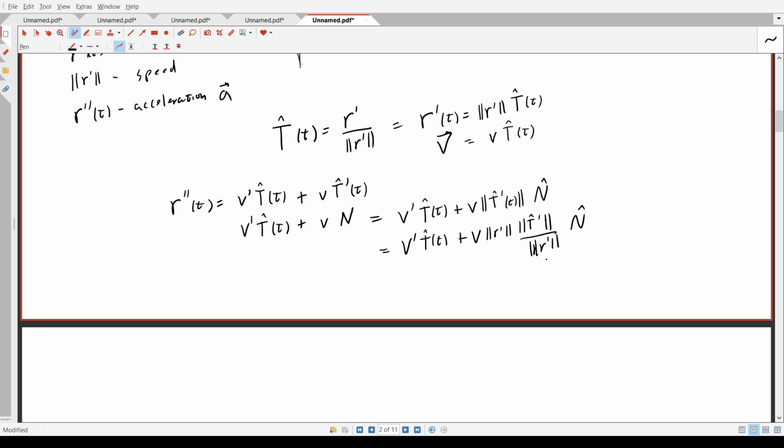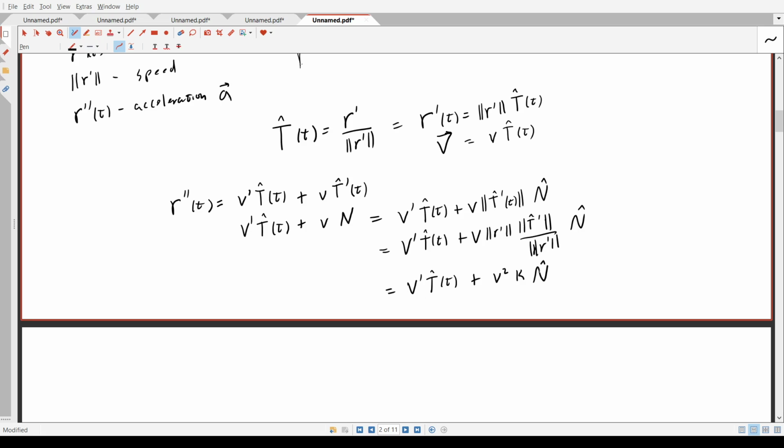So we know that's the curvature, and we also know that norm of r prime, that's the speed. So finally, this gives us v prime T hat of t plus v squared times the curvature times N hat.